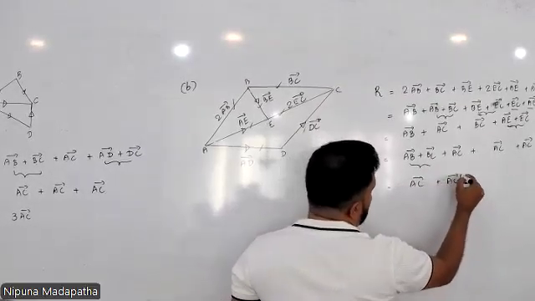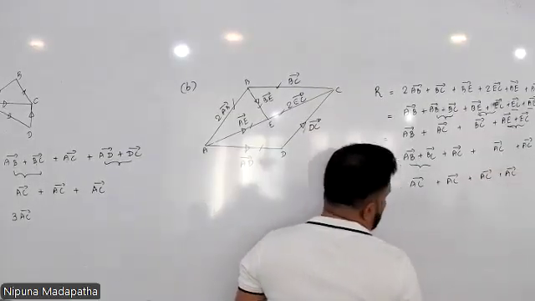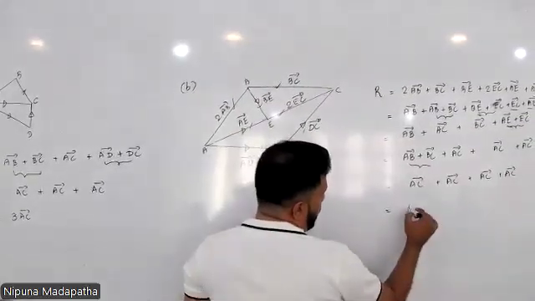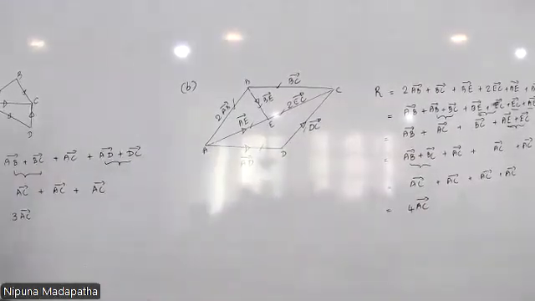So how many ACs are there? 4. So we have 4 AC. This is how we get 4 AC as the answer.